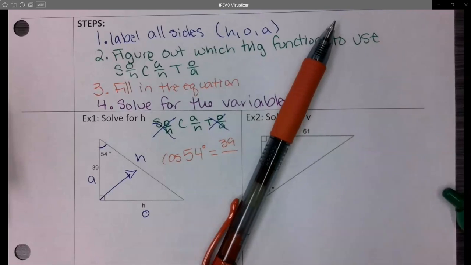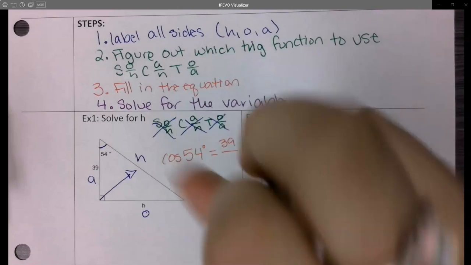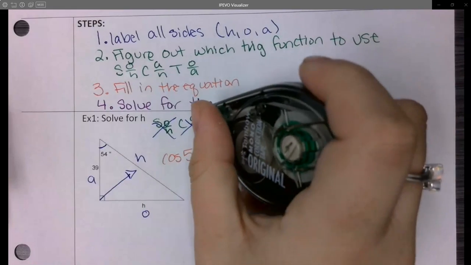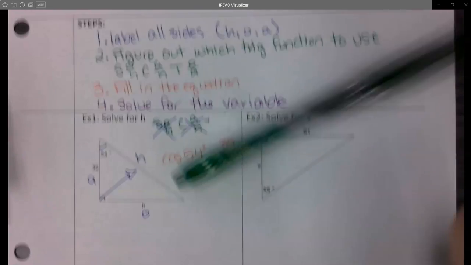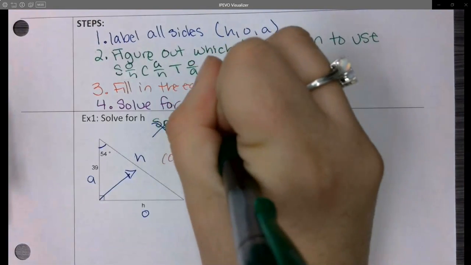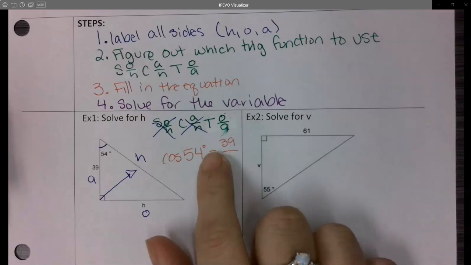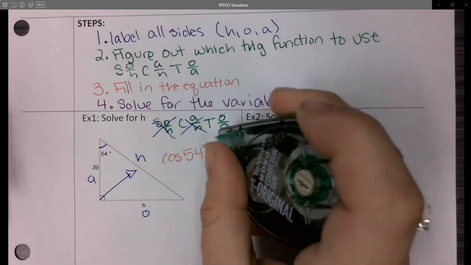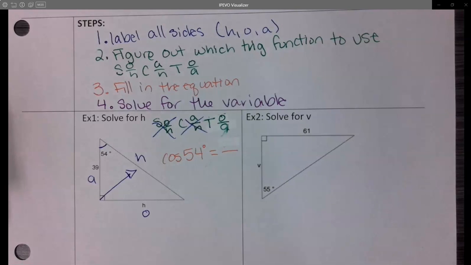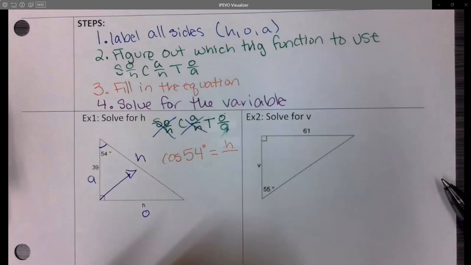I meant to pick tangent, because this one has opposite over adjacent, the two letters I had. So my opposite side is the variable h, and my adjacent side is the number 39.